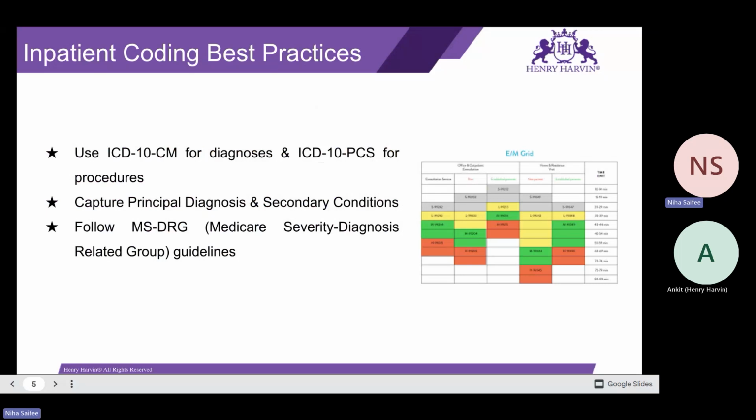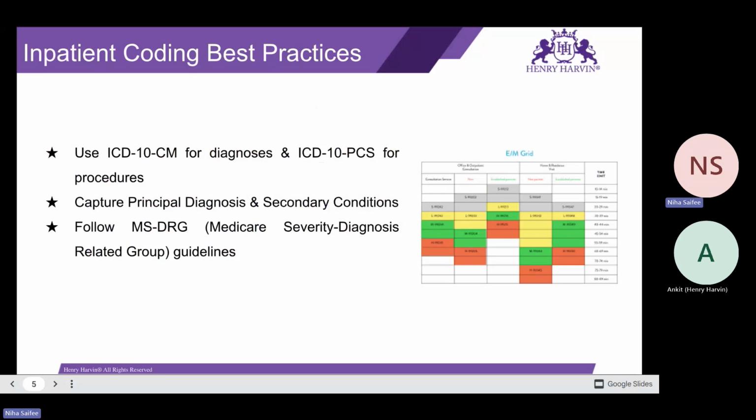Here the principal diagnosis will not be diabetes mellitus. You can say the patient is having very high sugars with diabetic ketoacidosis, so the principal diagnosis will be diabetic ketoacidosis or hyperglycemia, because that is the reason why the patient got admitted.